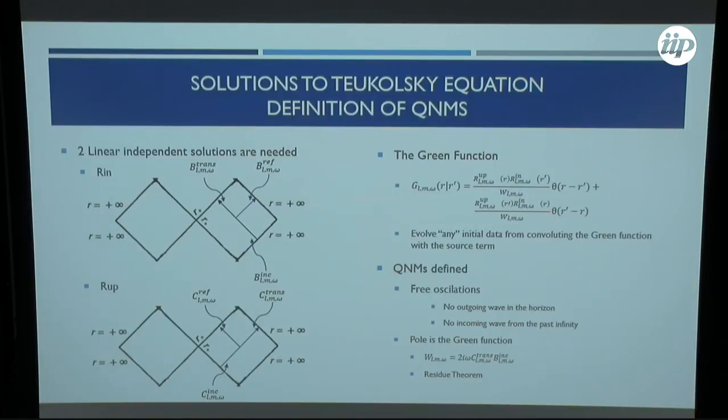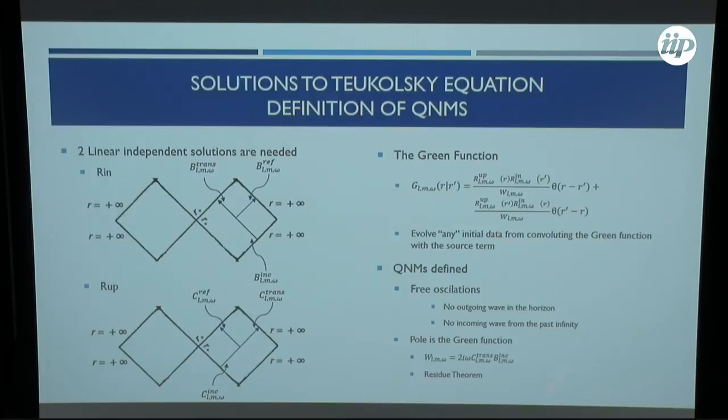And we can construct the Green function with them in the usual way. This Green function would be able to evolve any initial data to get the waveform in the ring-down phase. When I say any, it's any inside the linear perturbation theory.